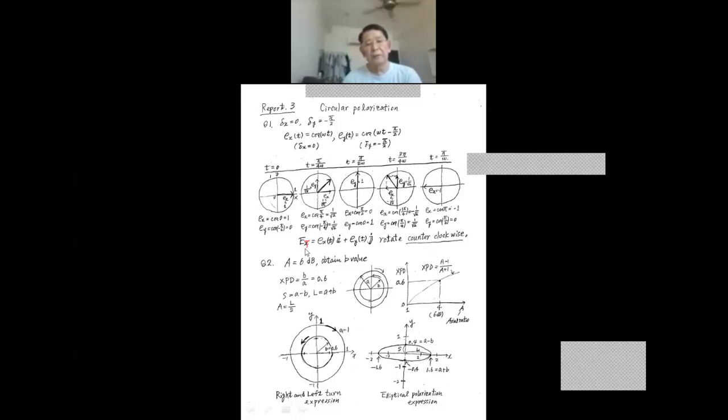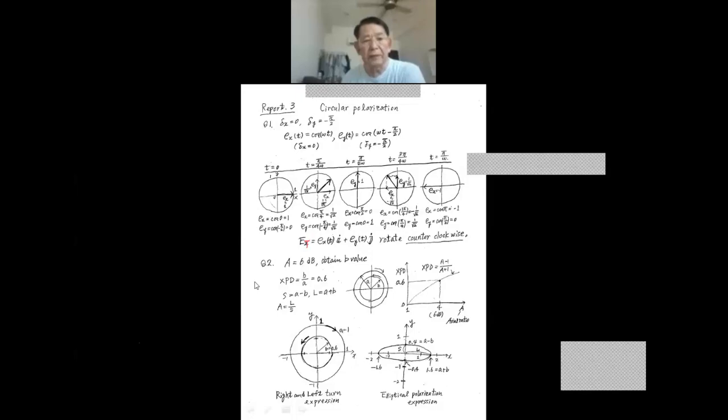So we can ensure that if the y component is delayed by half pi relative to x, then the circular wave rotates counterclockwise. I think you can understand this calculation.